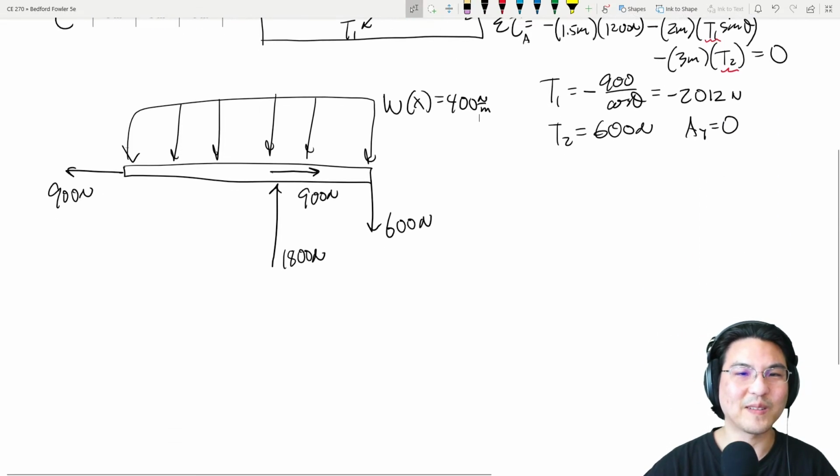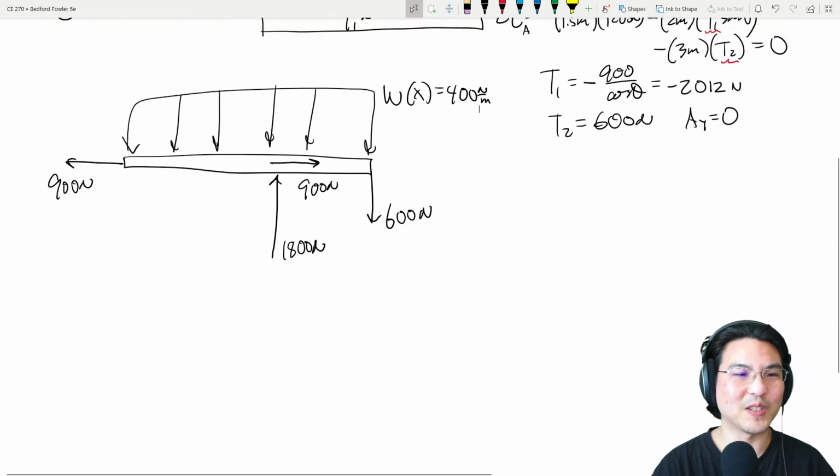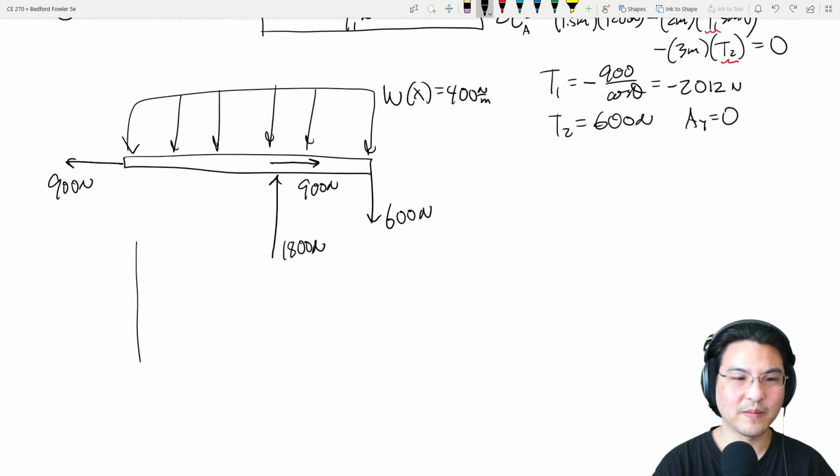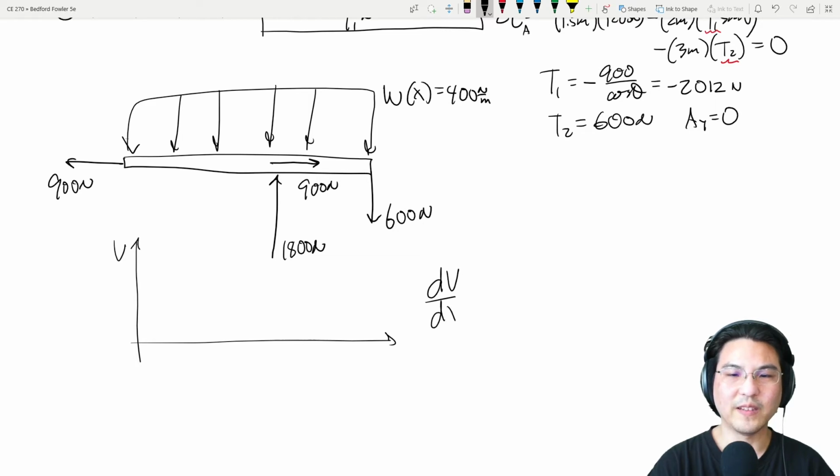Okay, now let's practice using the calculus version of shear force and bending moment. Okay, so dV/dx equals minus w, the loading curve, which in this example is 400. Okay, so let's say we want to go from here to here, right?